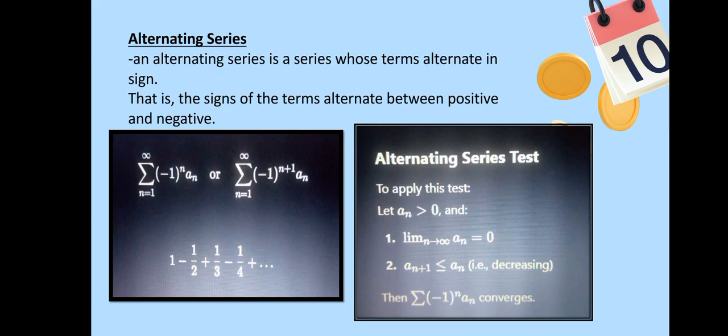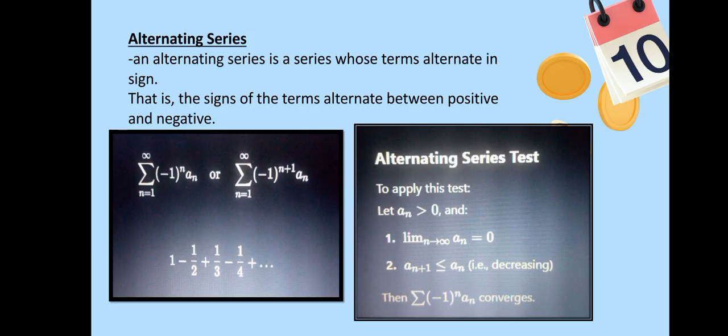For example, the summation of n equals 1 to infinity of negative 1 raised to n times a sub n, or the summation of n equals 1 to infinity of negative 1 raised to n plus 1 times a sub n.